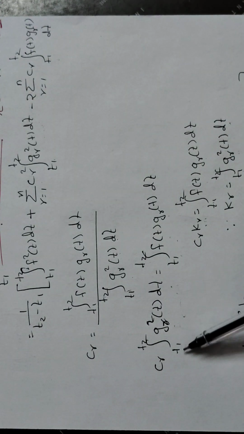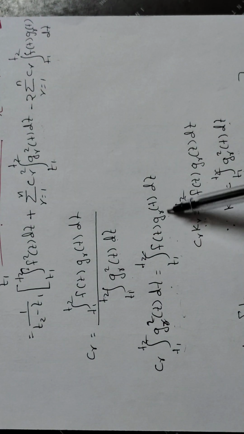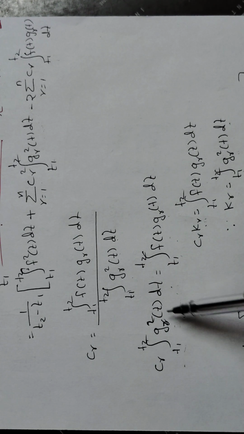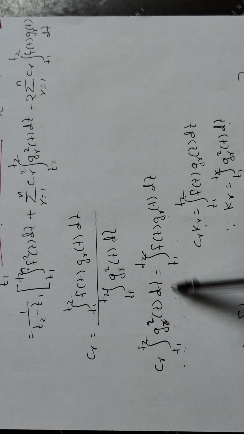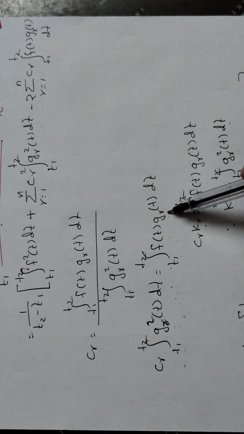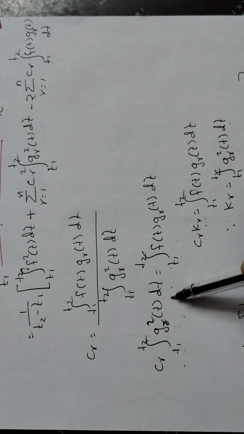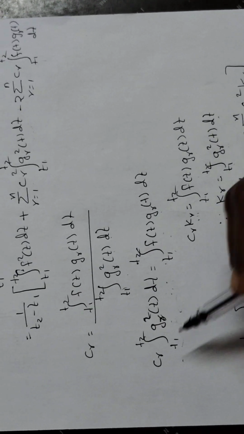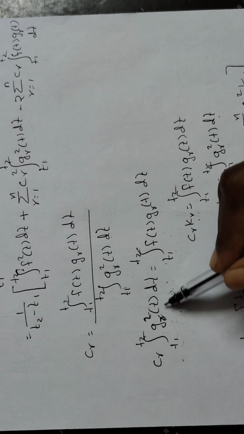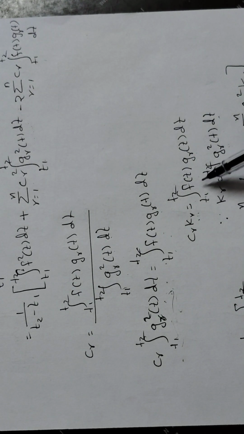Here the integral of f of t gr of t is nothing but cr times the integral of gr square of t into dt, so we substitute that, and again gr square of t into dt is kr.